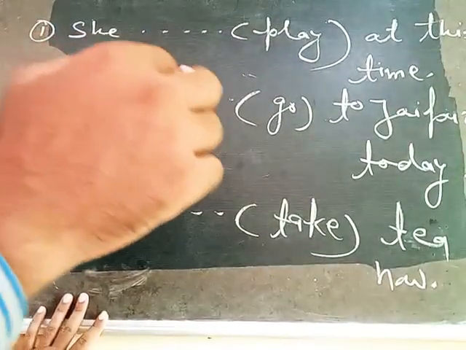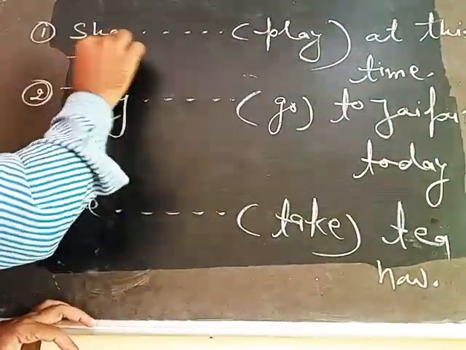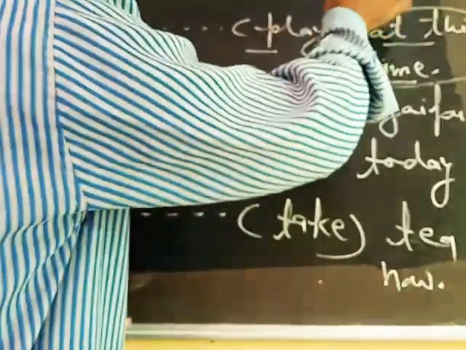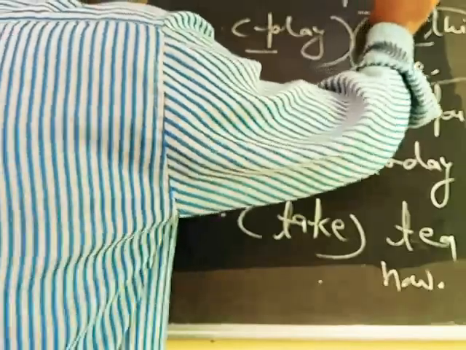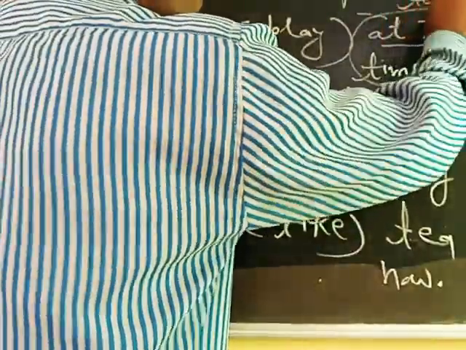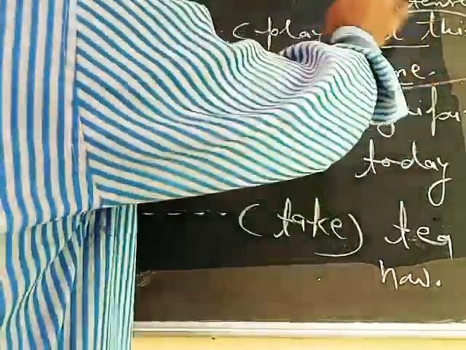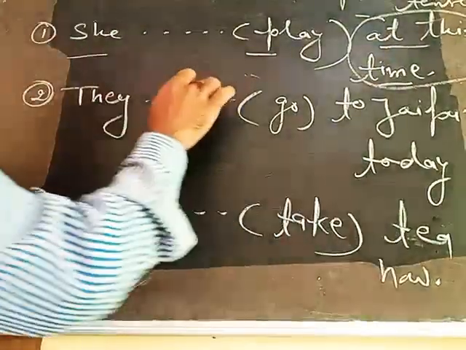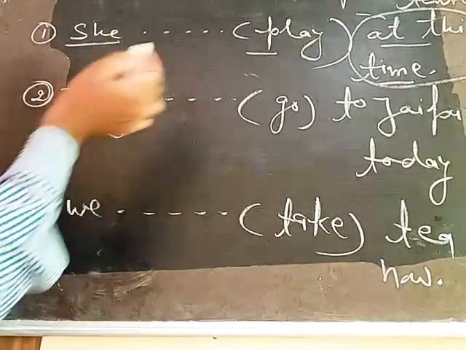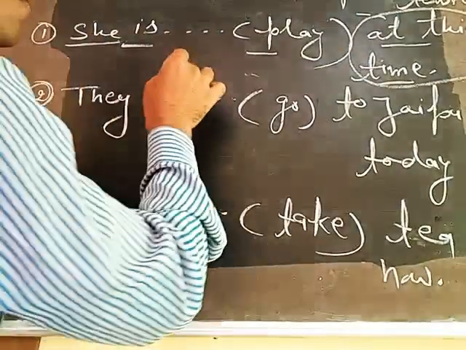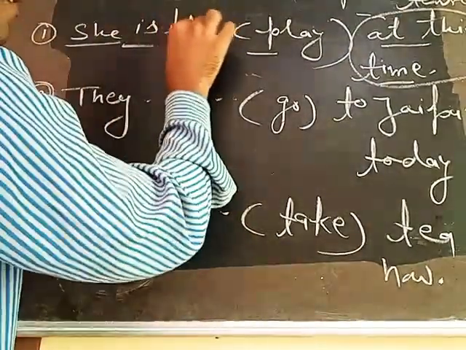Look at these sentences. The first sentence is: she play at this time. We see at this time is an adverb that shows present continuous tense. In the present continuous tense, she is a singular subject, so we use helping verb is and first form plus ing, playing.